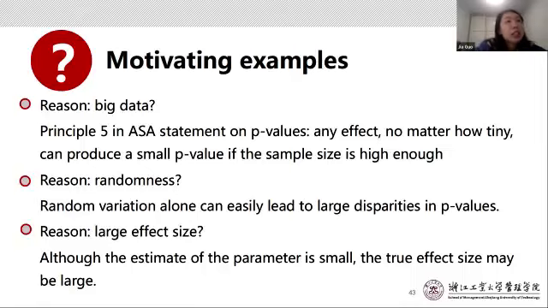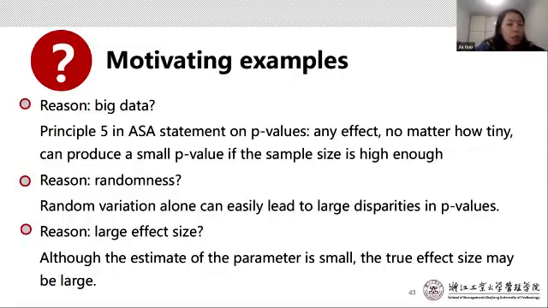The first reason is maybe it's due to big data. Principle 5 in the ASA statement on p-value says that any effect, no matter how tiny, can produce a small p-value if the sample size is high enough. So big data is one possible reason.